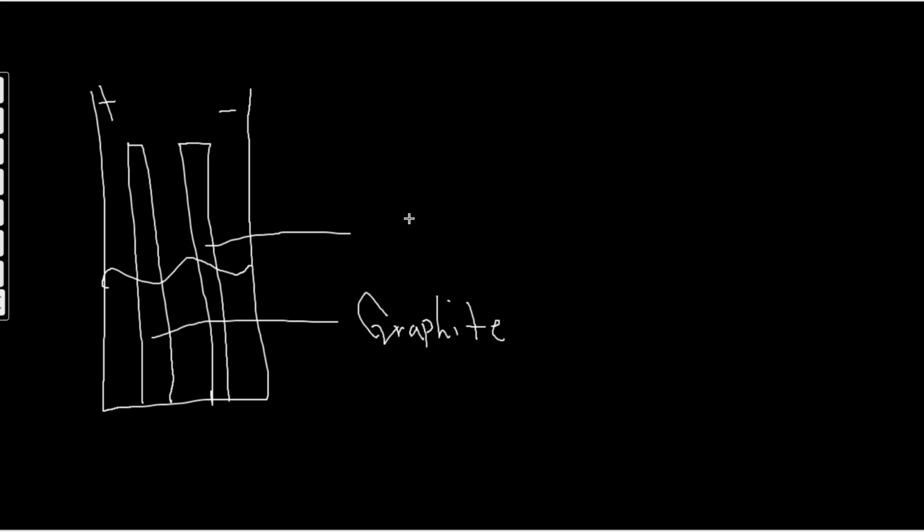Now, for our cathode, we will have cobalt oxide, which is also known in its chemical form as CoO2. And our electrolyte, as I mentioned before, will be lithium carbide, and in its chemical form, it's LiC6.